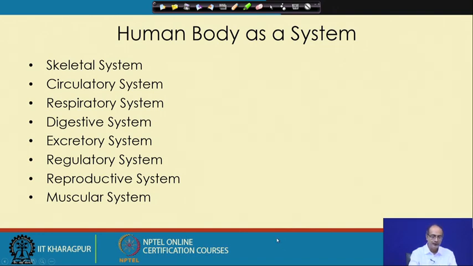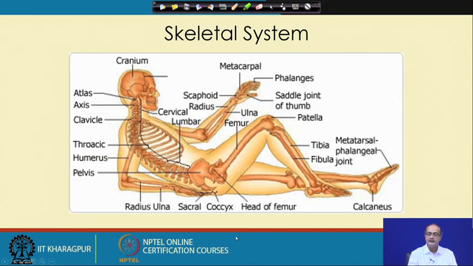So, first we take the skeletal system. Within the skeletal system, the main purpose of the skeleton is to give a shape to the body, that means structural stability. That is the first purpose. Second is to protect the weak and vulnerable organs.